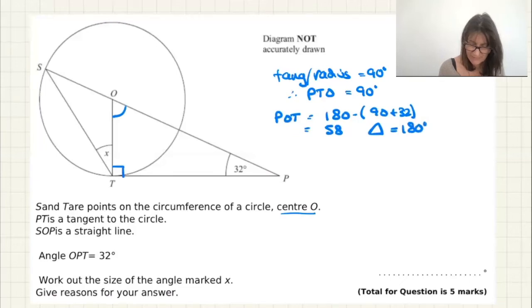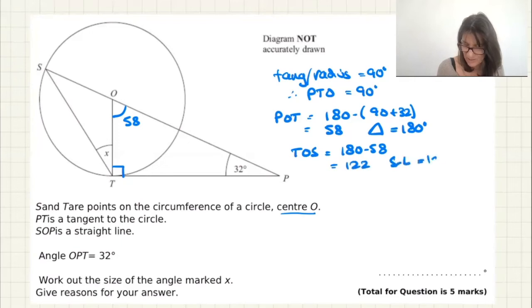So I've written my reason for that piece of maths and I've worked out that that is 58. I can now do TOS, which is going to be 180 minus 58, which is 122. And I've used my straight line equals 180 degrees. Going to mark that one on.